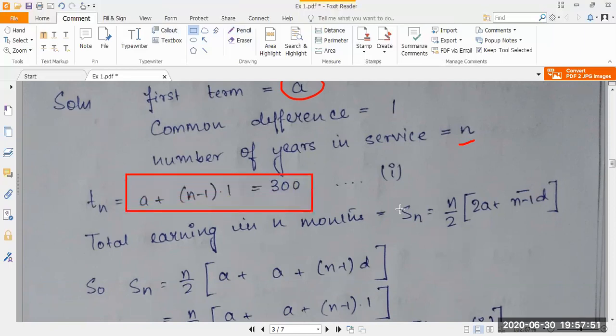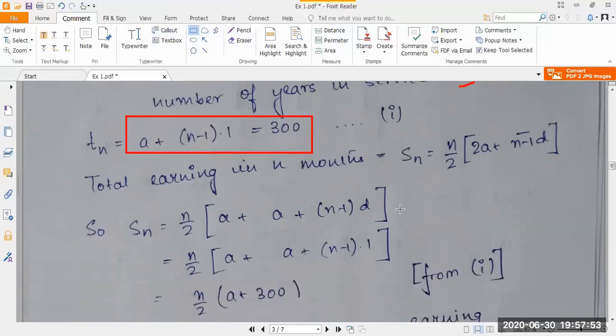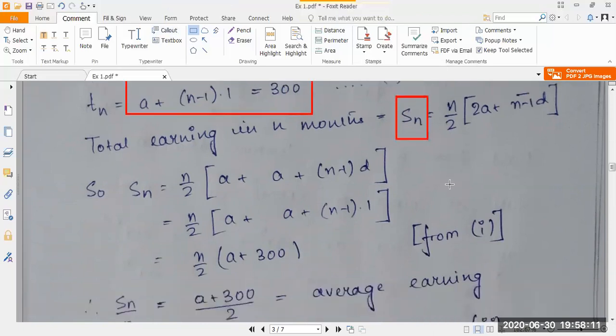Next, we try to find out his average earnings. So in n months, he had Sn, which is the sum of the first n terms of an arithmetic progression. We use the equation that we derived in the previous half of this session, and we put the value of d in this equation and we get a particular expression.